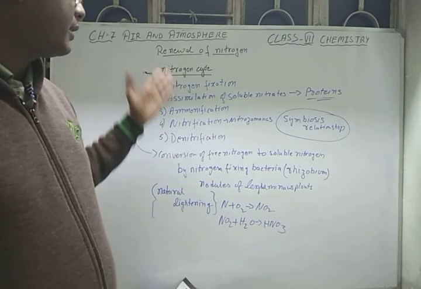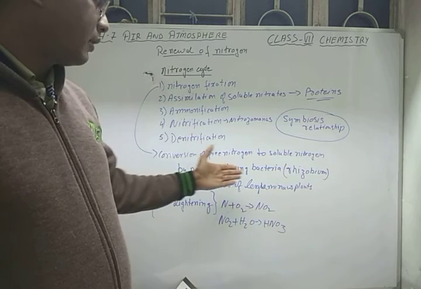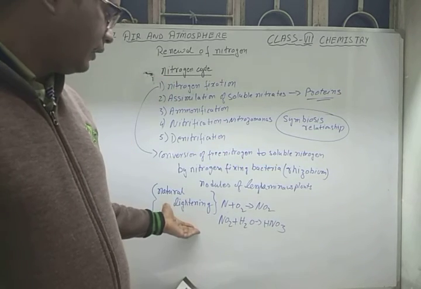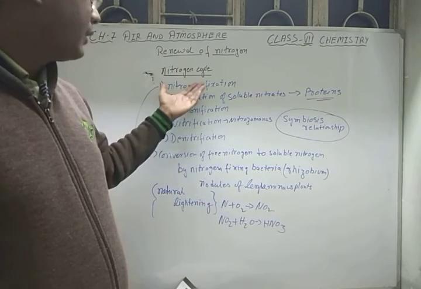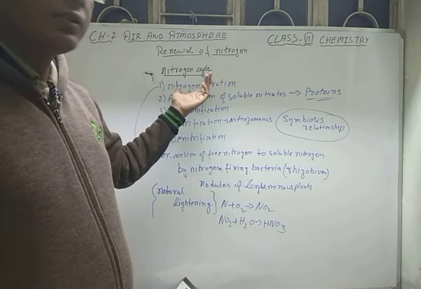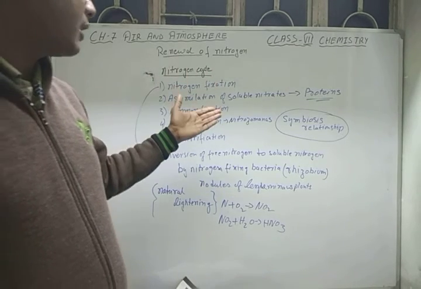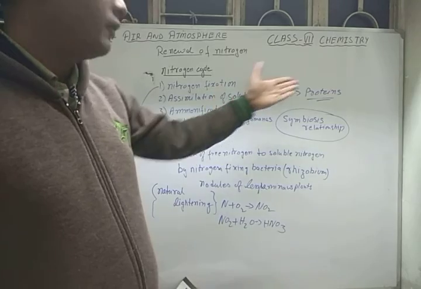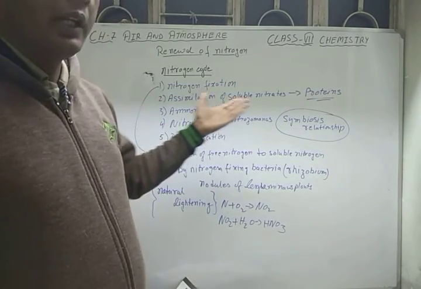So what we have seen: from the atmosphere, nitrogen fixation takes place by the action of lightning and bacteria. After nitrogen fixation, the soluble nitrates are converted into proteins. Proteins convert during ammonification to ammonia.